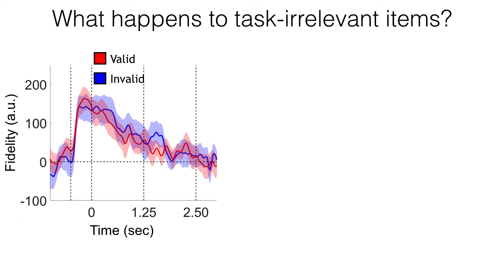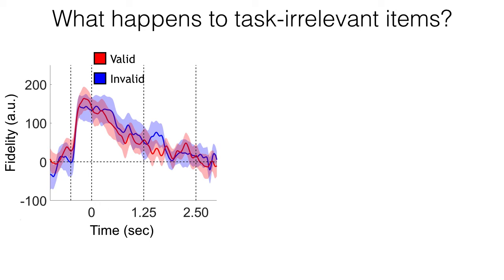What seems to be happening here is that shortly after the cue comes on, in the case of the valid condition, which is the red line here, it looks like overall memory fidelity continues to decrease with a relatively constant slope over the course of the trial. But in the invalid condition, there was a brief boost after cue onset, followed by a steep decline.